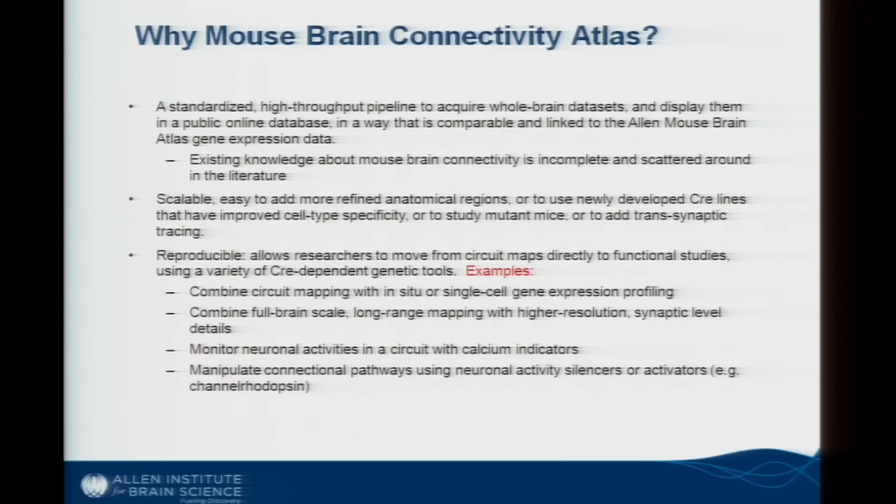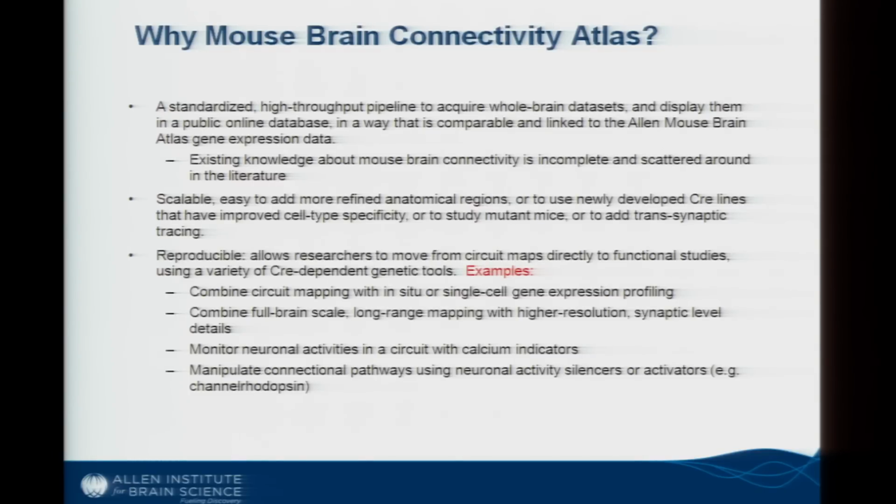Once the system is set up, once we finish the first round of high throughput whole brain level mapping, we can easily add more components to refine anatomical regions, or to use newly generated Cre lines that target even more different cell types, or have even more improved cell type specificity, or to study disease models, mutant mice and things like that, or to add transsynaptic labeling or other kinds of techniques to probe connectivity in a more detailed fashion.